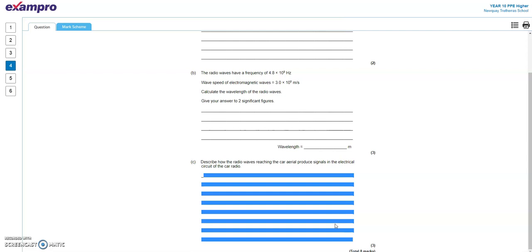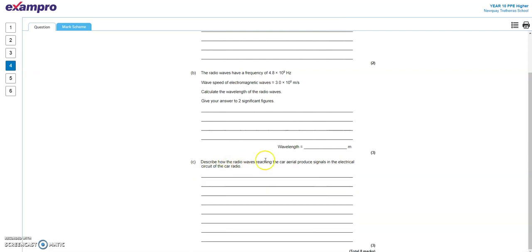This is knowing some of the properties of the electromagnetic spectrum, knowing how radio waves work, how they're emitted and how they can be received. So you need to know that the radio waves hit the aerial. The aerial absorbs the radio waves, or the energy from the radio waves. That means the electrons in the metal aerial will move, they will vibrate in that aerial.